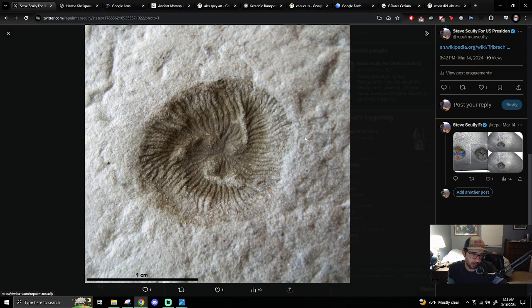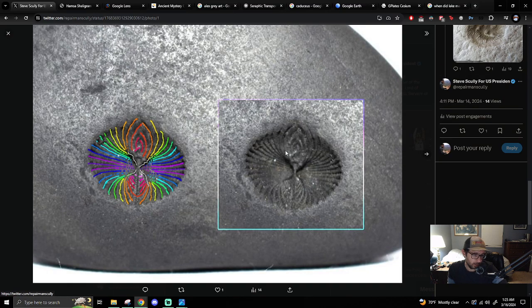Definitively different structure. So it's not like this is one of those already known creatures.